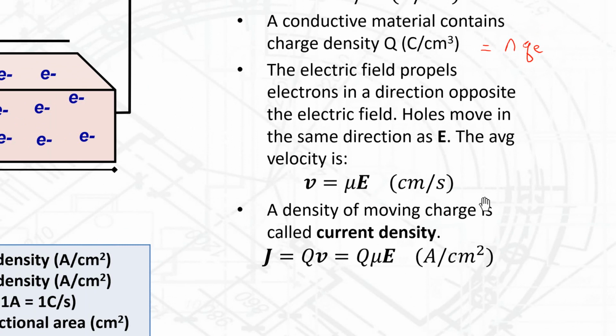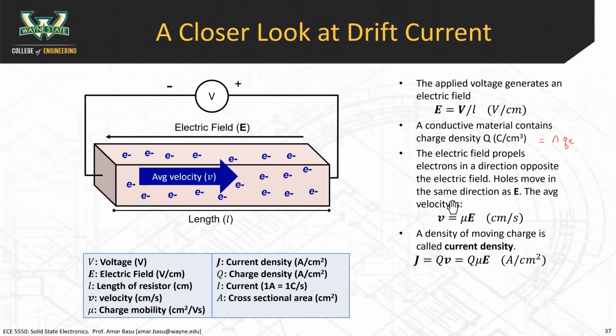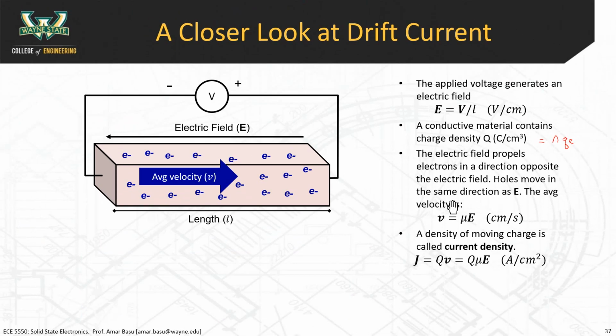All right, so what do you get when you multiply those two together? So you're multiplying coulombs per centimeter cubed times centimeters per second. QV, so the units for Q is coulombs per centimeter cubed, and you're multiplying them by centimeters per second.